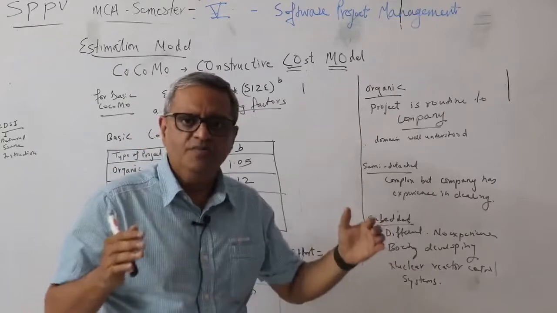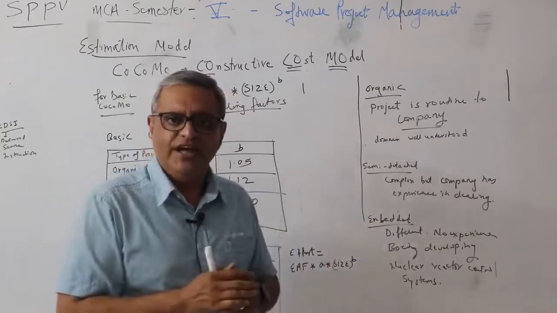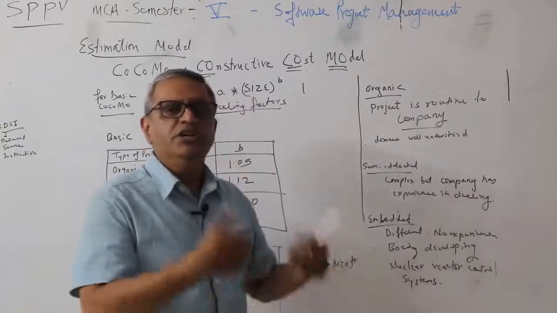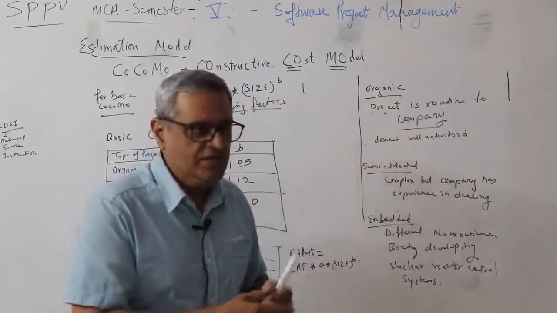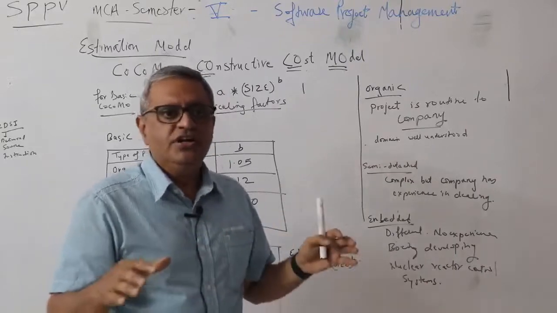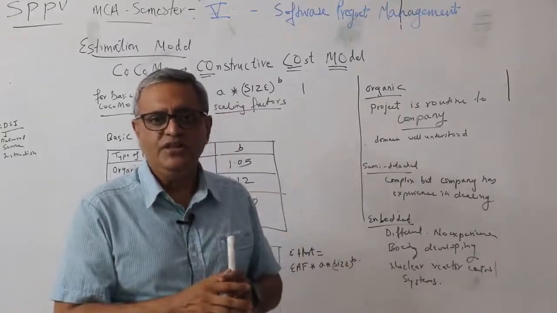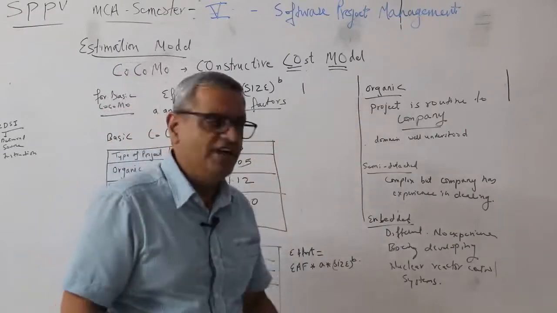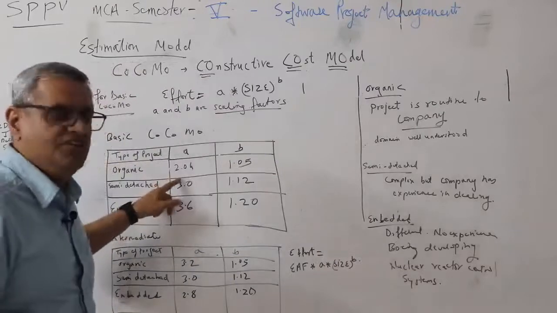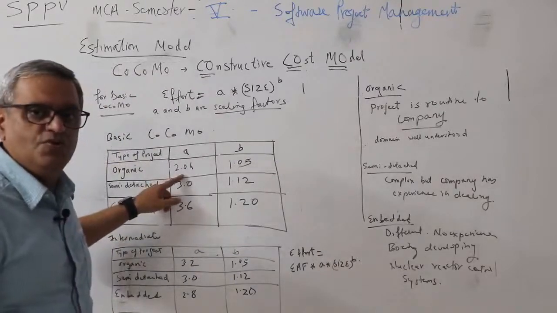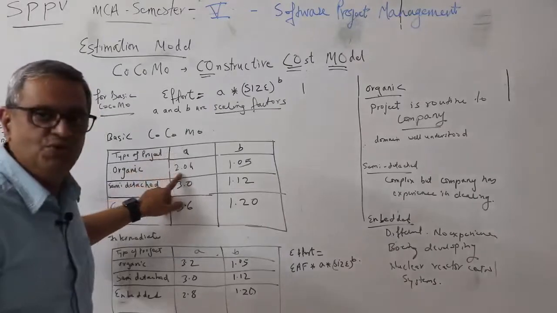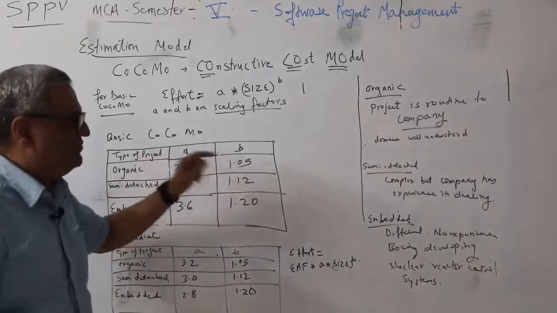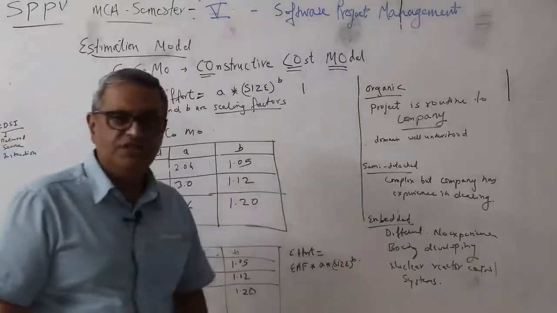So for a company, if they get a new project and similar kind of projects have been executed by the company a number of times, they are pretty matured and they understand the domain very well, then that project would be categorized as organic project. And for that organic project the basic COCOMO will have A value as 2.04 and B value as 1.05.